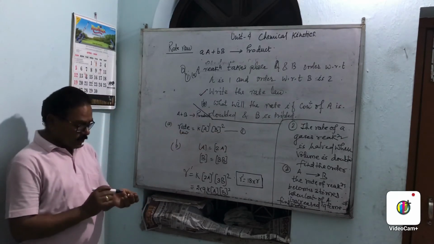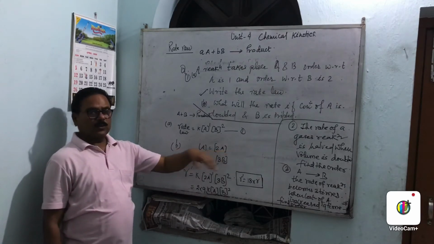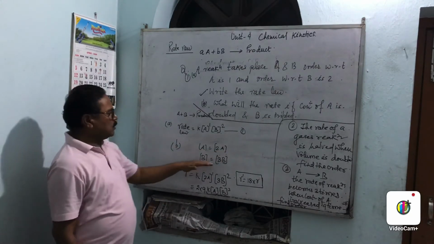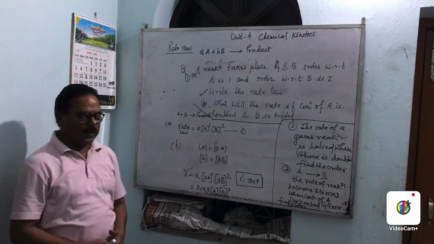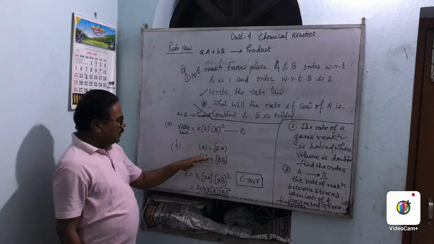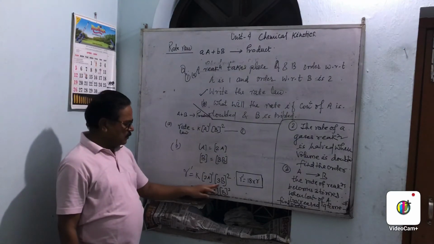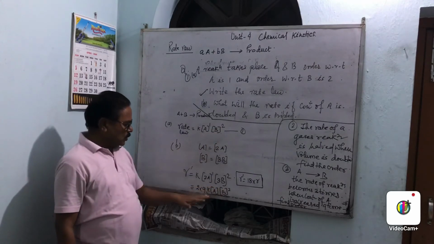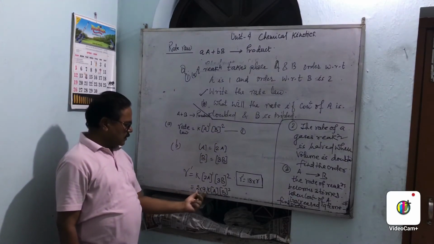Now in the second part, the question asked: if A is doubled and B is tripled, what will be the new rate? We have to find this out. So A is twice A, and B is 3B, with power 2. So 3 threes are 9, 9 into 2 is 18.